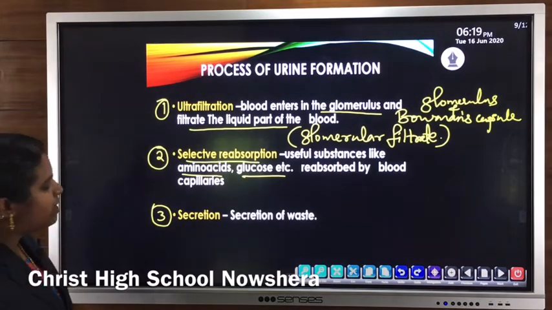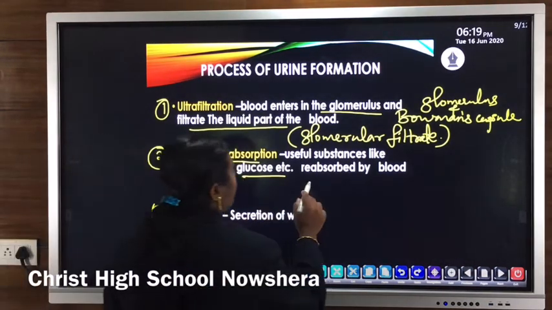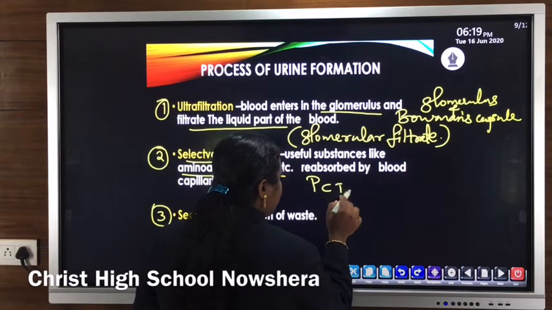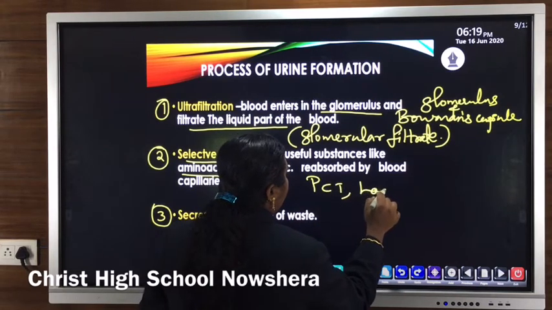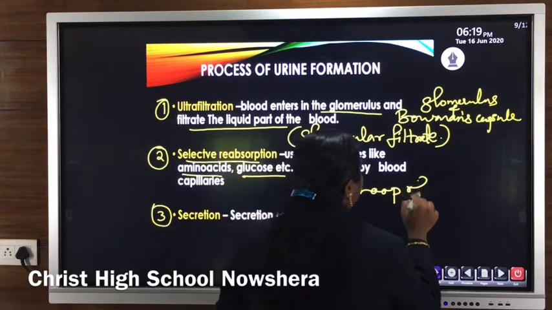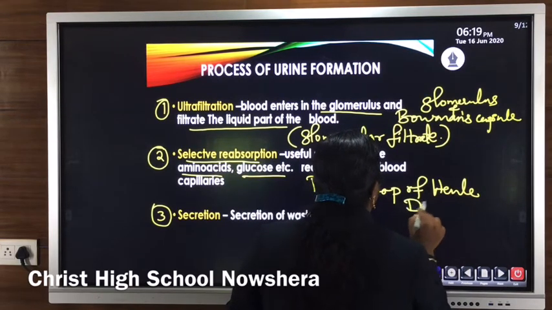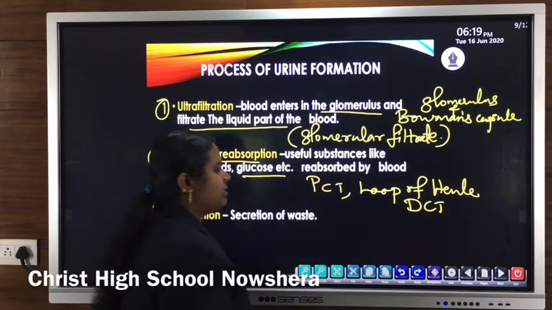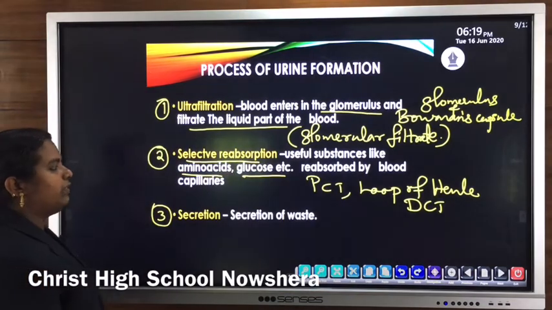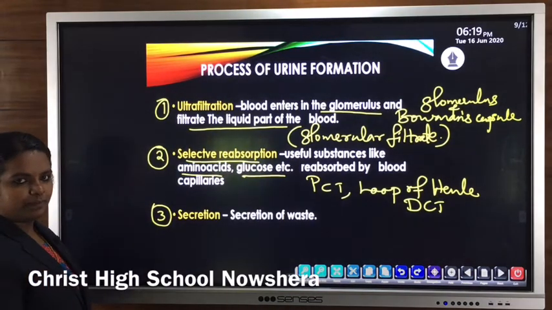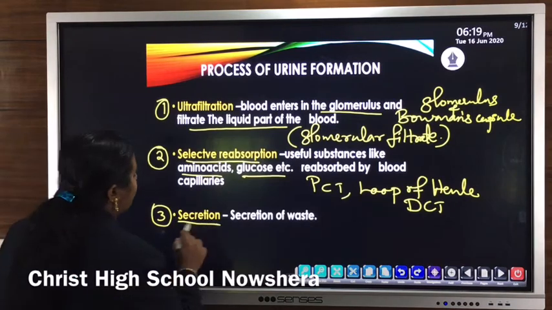This reabsorption process mainly takes place from the PCT, proximal convoluted tubule, then another part, the loop of Henle, and DCT. Some part of the DCT is also associated with the absorption process. Then finally the secretion process takes place.